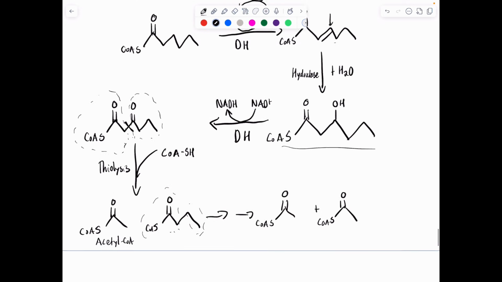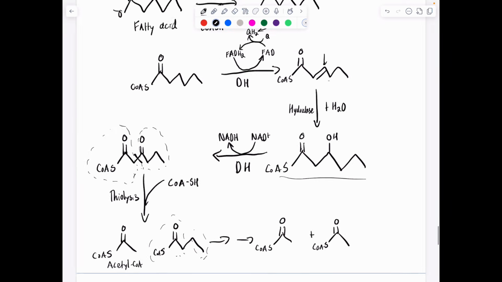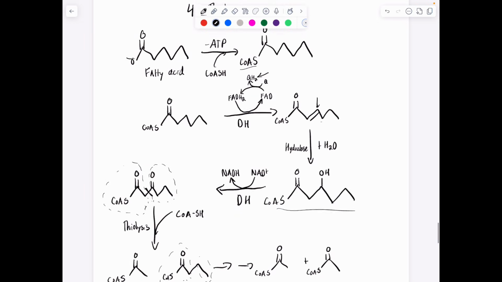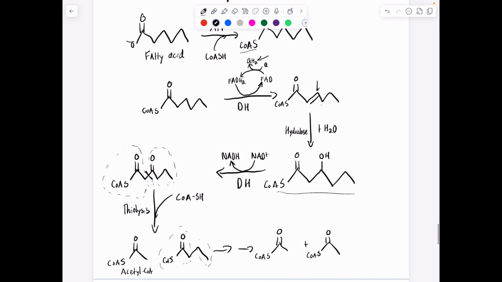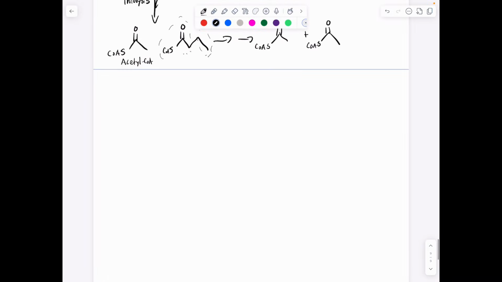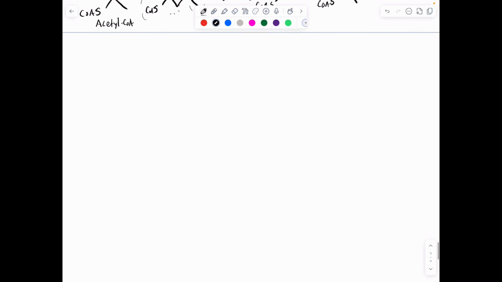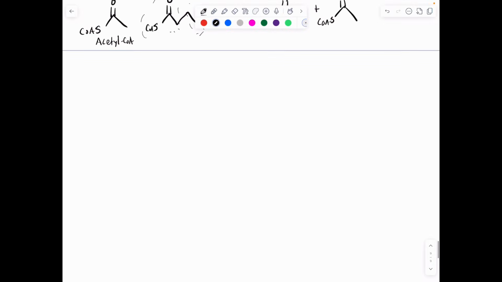All right, perfect. So that's the general walk-through of beta oxidation for a saturated fatty acid, excuse me. But let's first talk about the energetic yield for it. For this, I'm going to go through one of the problems that was in the practice midterm.